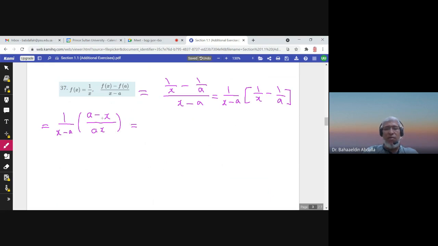Now you have a minus x here and x minus a here. You can cancel these two with a difference of -1, because the difference between x minus a and a minus x is a -1. So the answer would be -1 over ax.